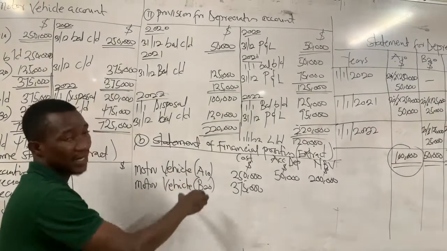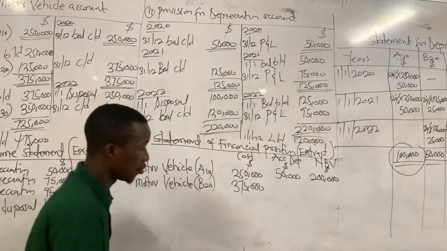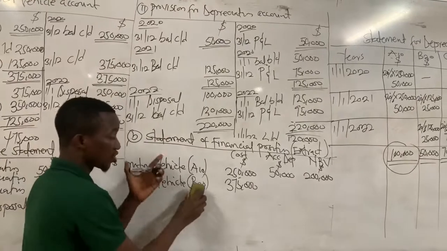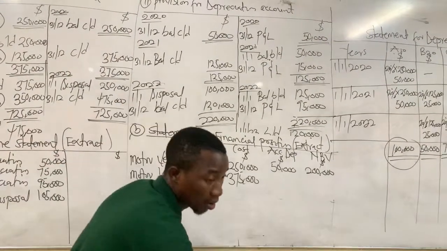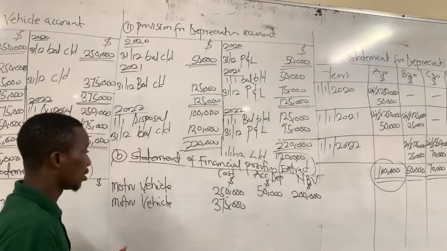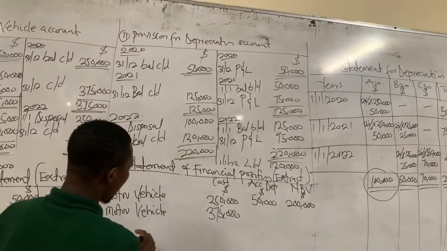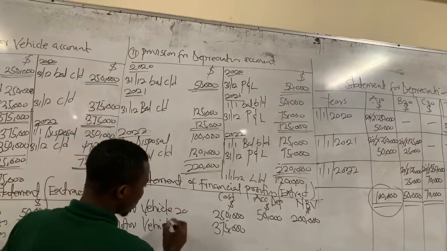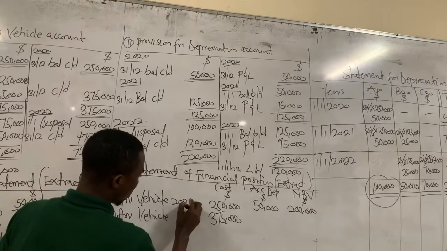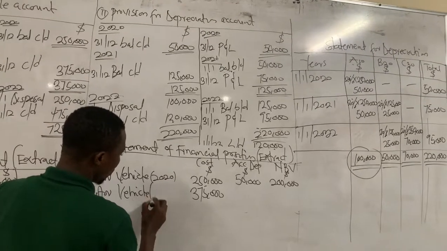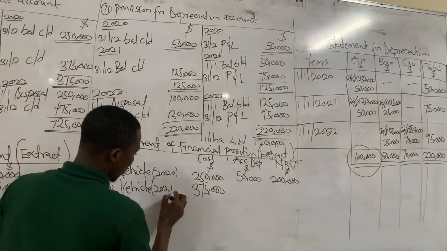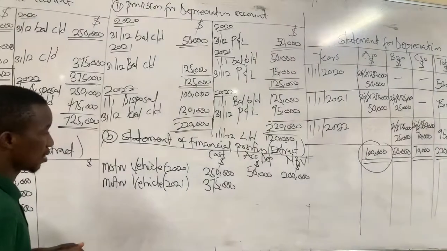Let's just consider the years. Is that okay? So we shouldn't be even considering it one by one, because we are preparing everything for the entire business. So let's say this is for 2020. Is that okay? And this will be for 2021 for easier understanding. Is that okay?